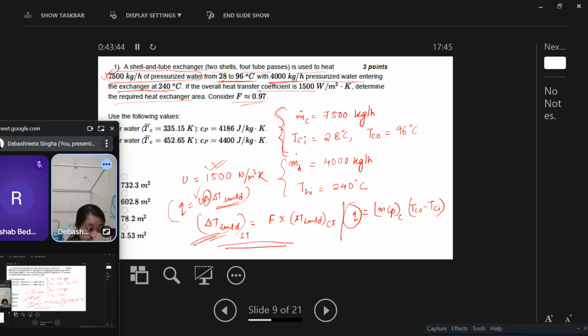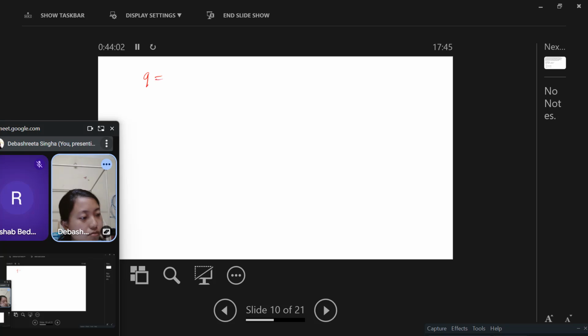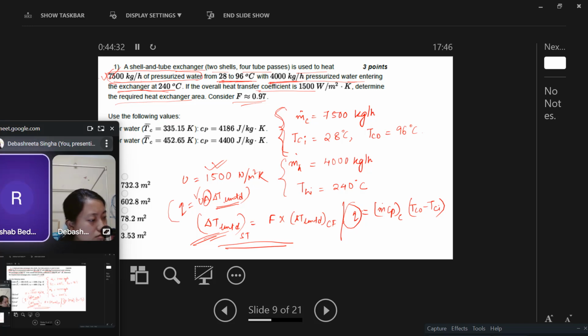You can calculate A. Q is 510000, 51 double 4 times 0.